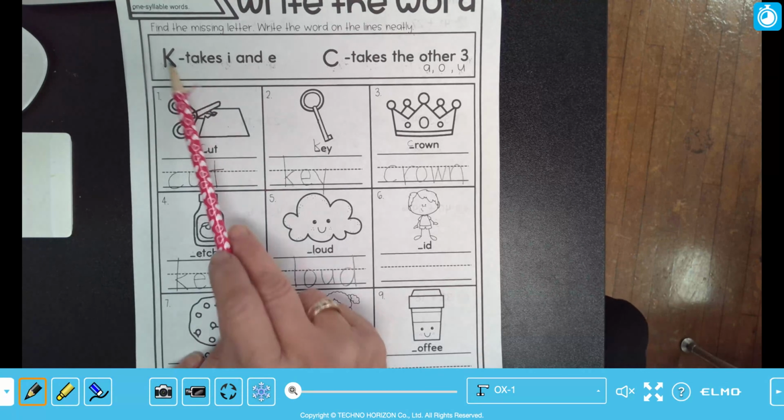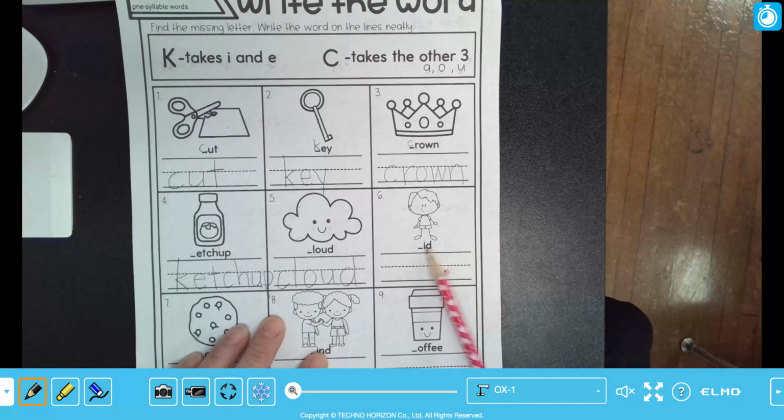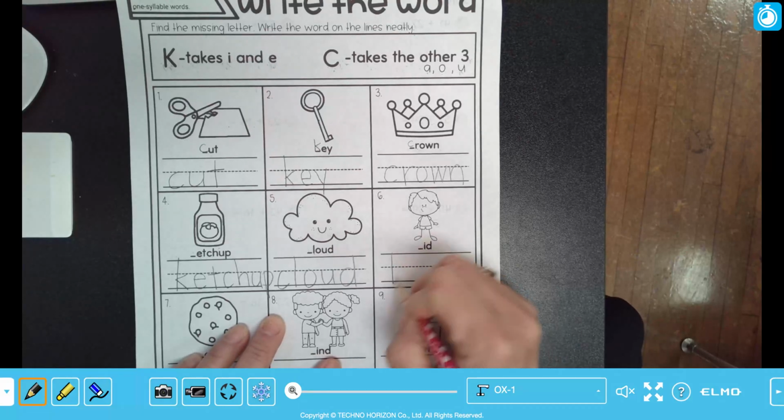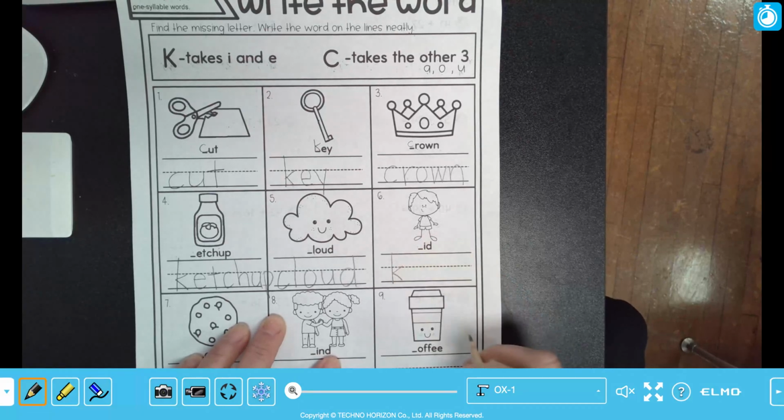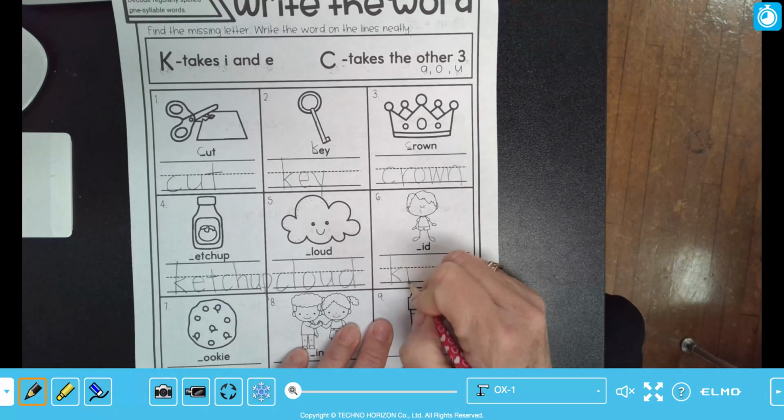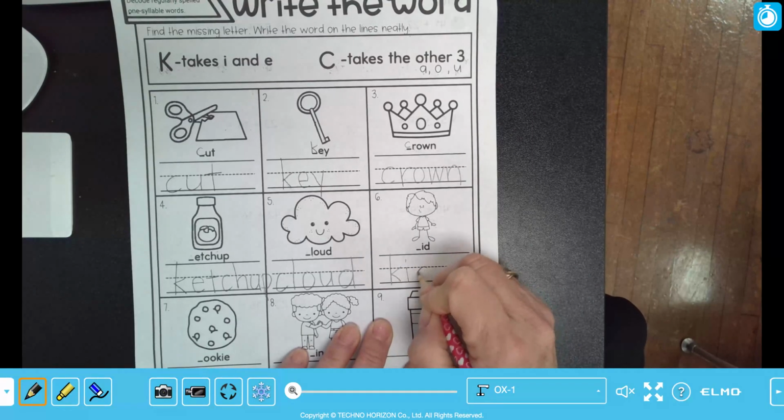Yeah, it has to begin with a K, right? Because C and I together make an S sound. So it would be Sid. But with the K, it's kid. So let's write the K, and then the I, and then the D.